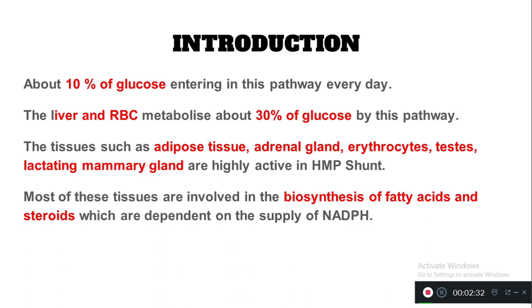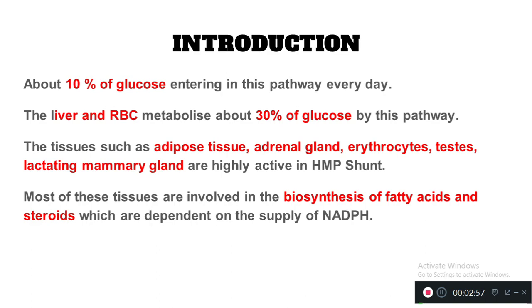So the HMP shunt takes place in the following tissues: adipose tissue, adrenal gland, erythrocytes, testis, and lactating mammary gland. So these are the tissues which are highly active for the HMP shunt. Most of these tissues are involved in the biosynthesis of fatty acids and steroids.